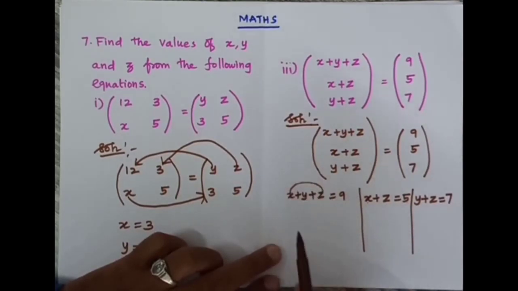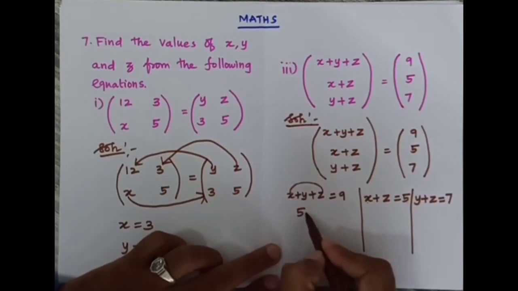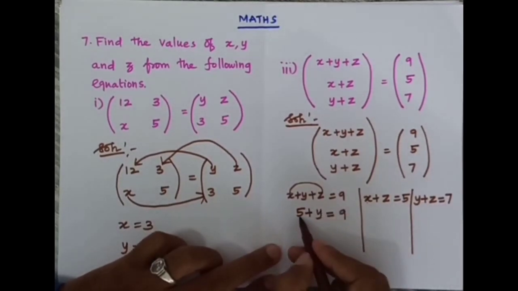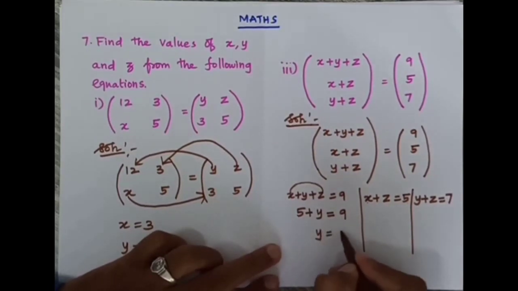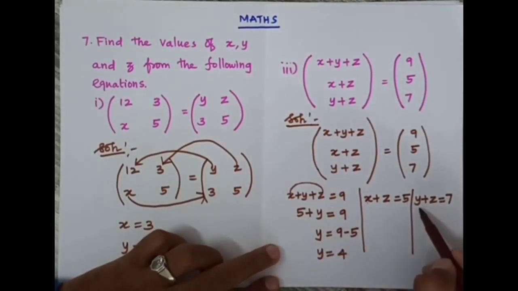So I write x plus z as 5. Then y is equal to 9. This 5, when it goes that side, it becomes minus. So y value is 4. Now we have found y value. Here we have to find out z value using the y value.